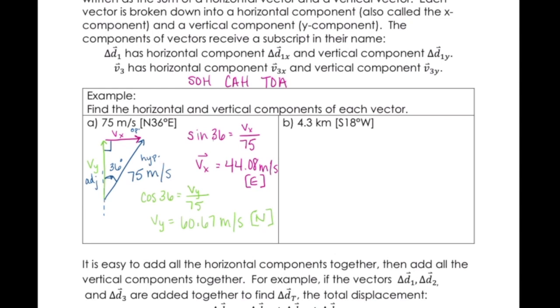For this next one, we have 4.3 kilometers south, 18 degrees west. Let me draw in my south. We're going to be drawing one that is southwest, 18 degrees. So this angle right here would be 18 degrees.